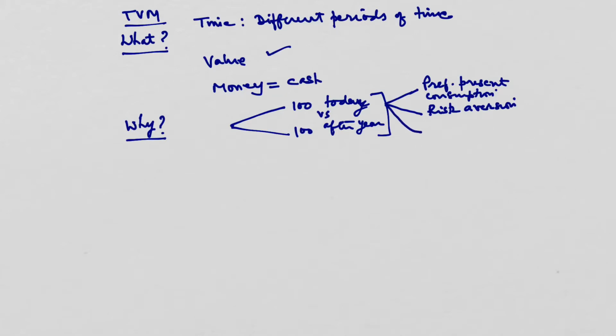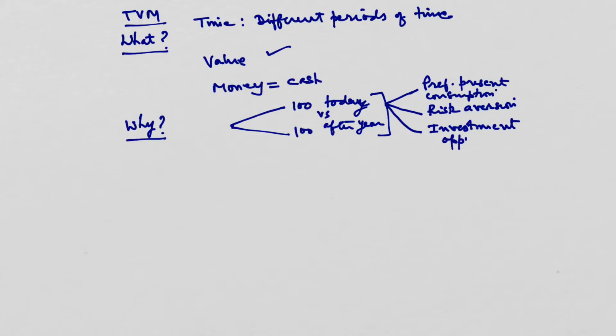Now, then there is a third possibility that you can put your 100 rupees today in a savings account in a bank or in a fixed deposit of 1 year at an interest rate of say 6%. So what you may argue therefore is that 100 rupees today is not 100 rupees tomorrow because of investment opportunities available to you.